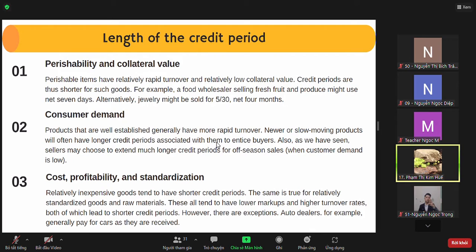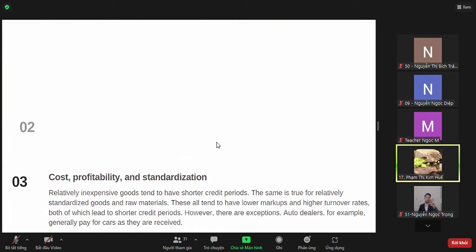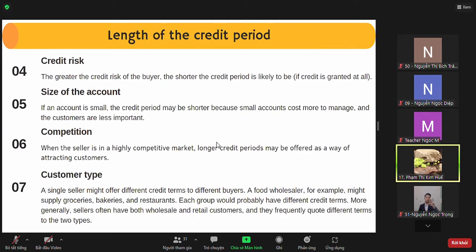However, there are exceptions. Auto dealers, for example, generally pay for cars as they are received. Fourth is credit risk. The greater the credit risk of a buyer, the shorter the credit period is likely to be, if credit is granted at all. Five is the size of the account.